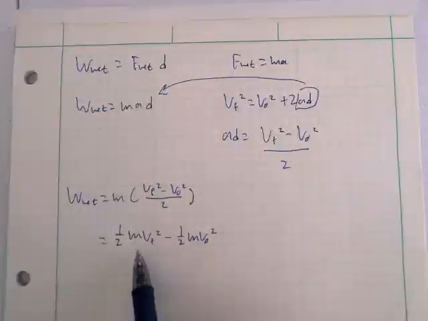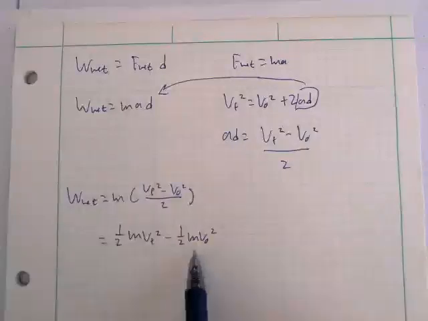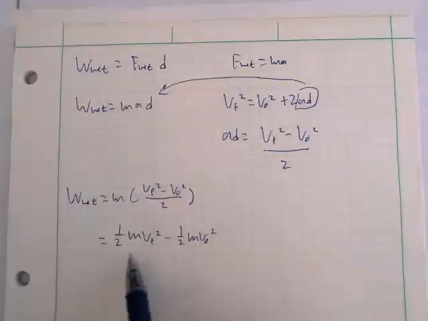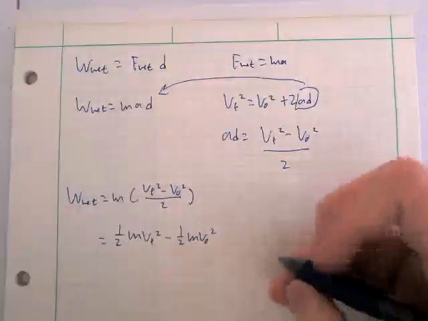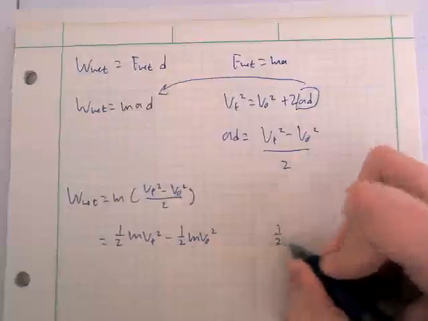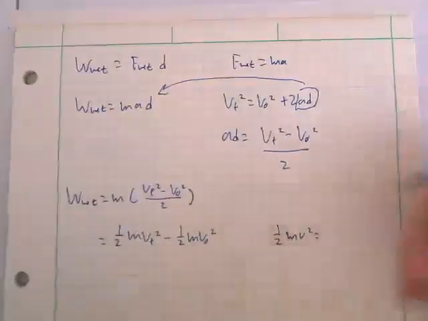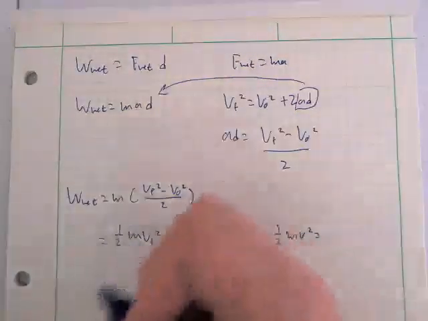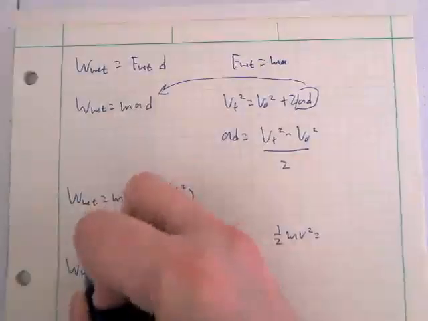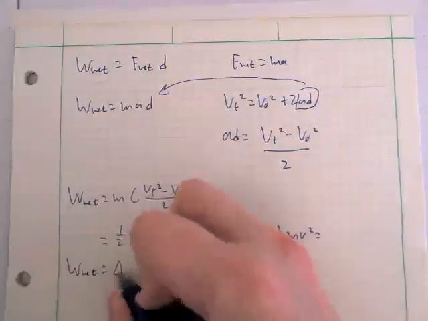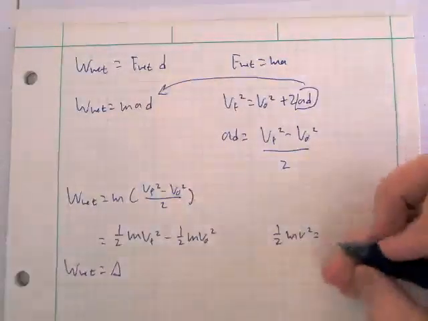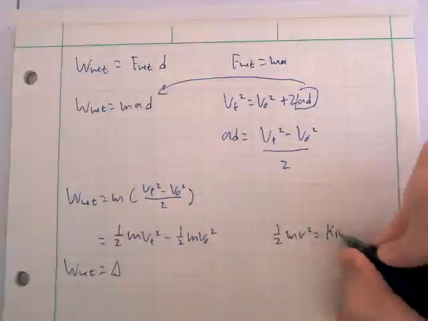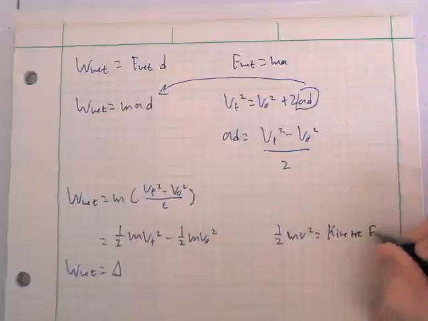We have a final minus initial. So what is 1/2 mv squared? We're saying that the net work is equal to the change in whatever this value is. This value is something that we're actually going to call the kinetic energy.